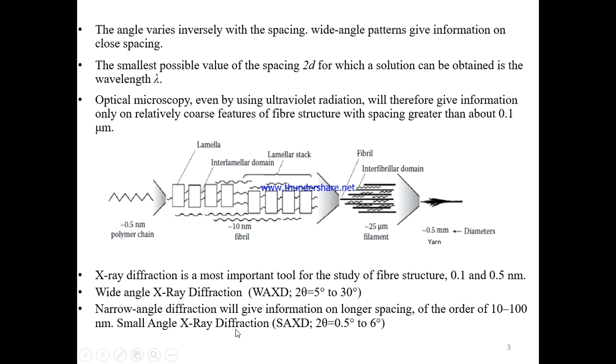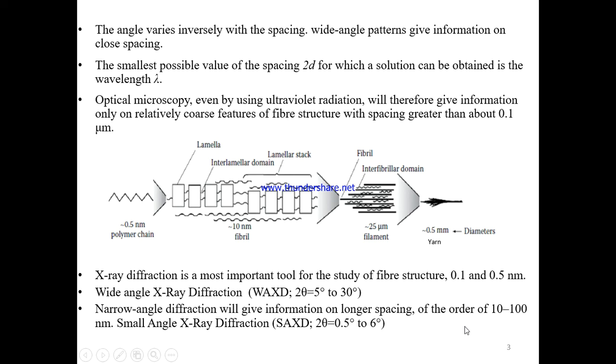If you use a narrow angle, small angle X-ray diffraction, SAXD, then the angle theta ranges from 0.5 to 6 degree, and you can measure coarser features, with dimensions of 10 to 100 nanometer.